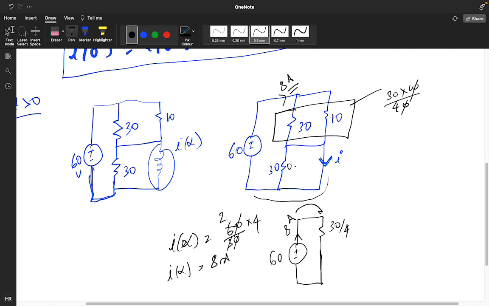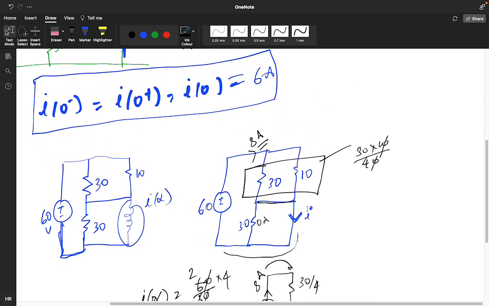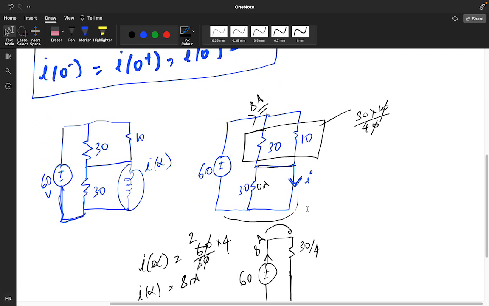There will be 0 ampere current here because it's a short circuit path. Now you need to find the value of I of t. So I of t will be I infinite minus I of 0 into e power minus t by tau.